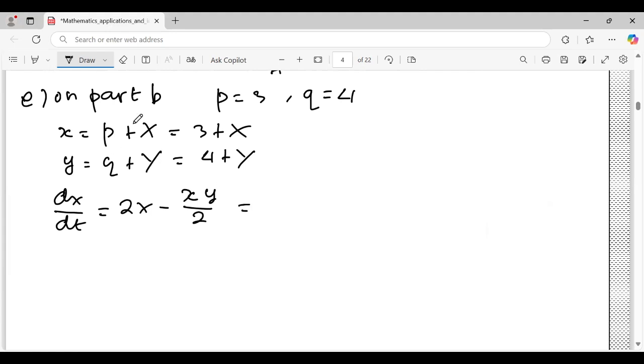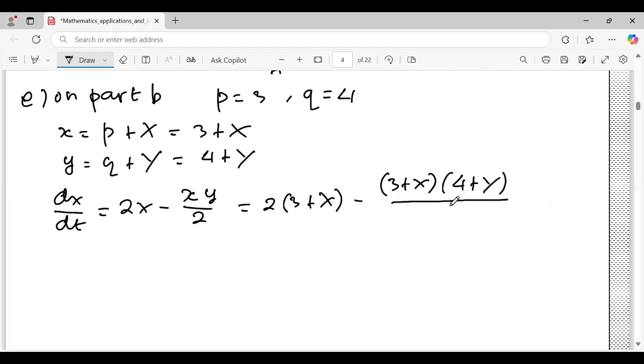So we're going to substitute 3 plus x and 4 plus y. It's going to be 2 multiplied by (3 plus x) minus (3 plus x)(4 plus y) divided by 2.